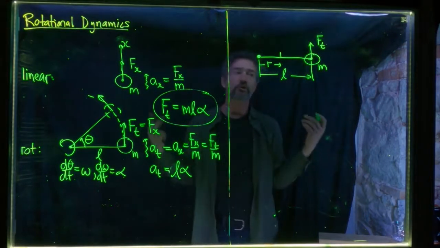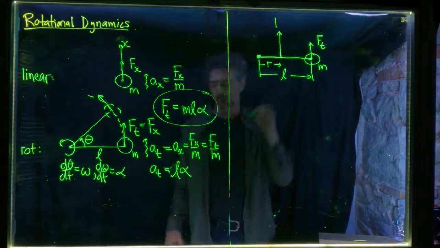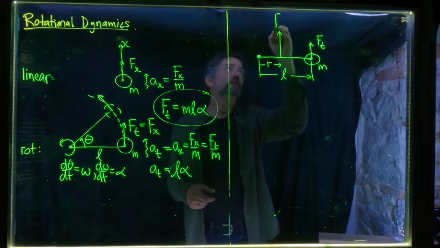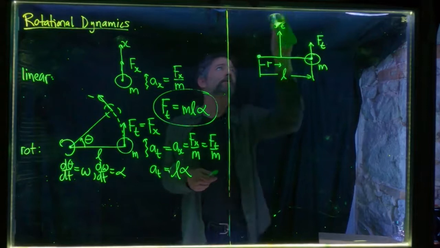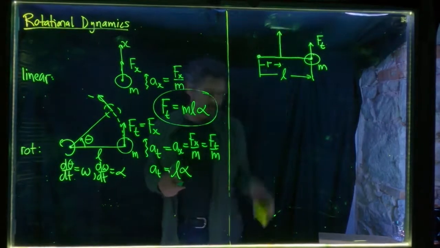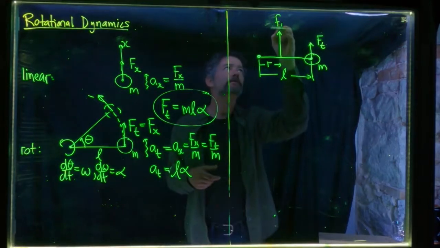Well, we know just intuitively that that force is going to have to be larger. So we'll give it a different name. Instead of capital Ft, let's call it little ft, just to distinguish it.